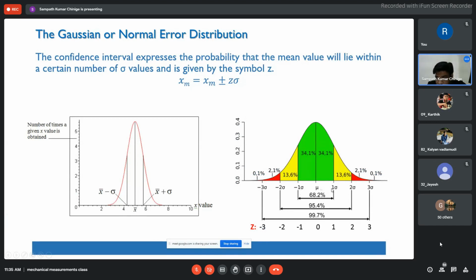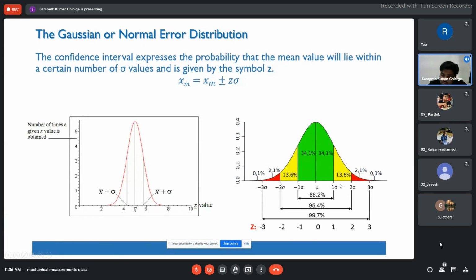If I go further, if the values go beyond plus 2 times the standard deviation or minus 2 times the standard deviation from the mean, then out of 100 readings, 95.4 readings will fall within this range.